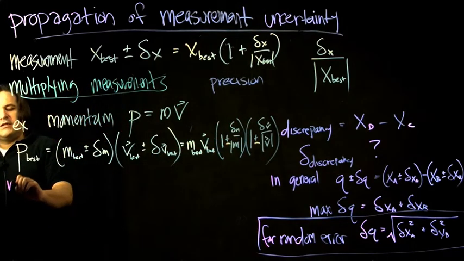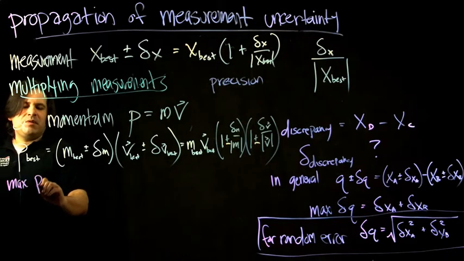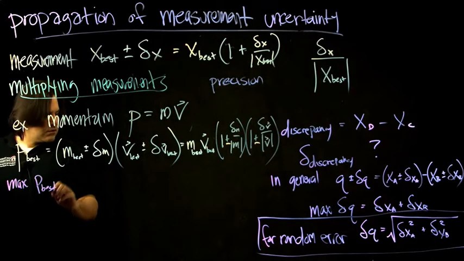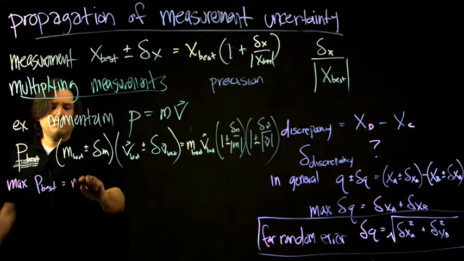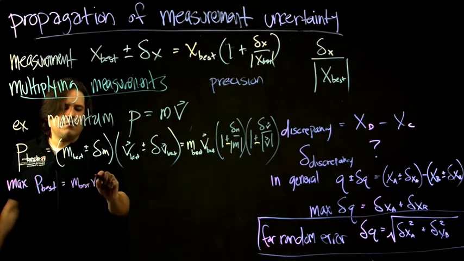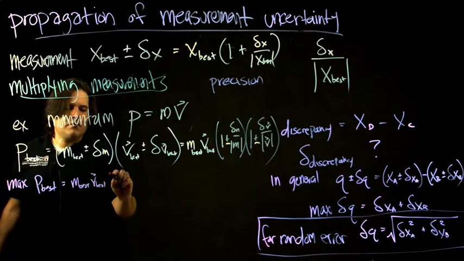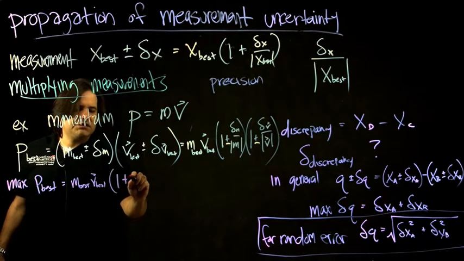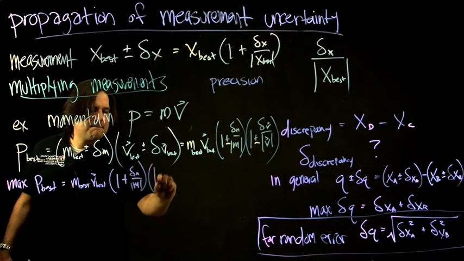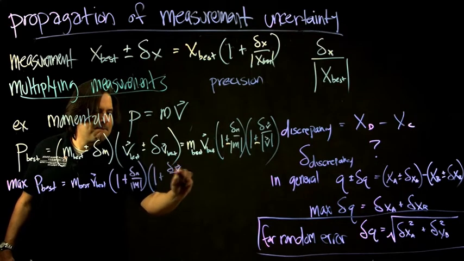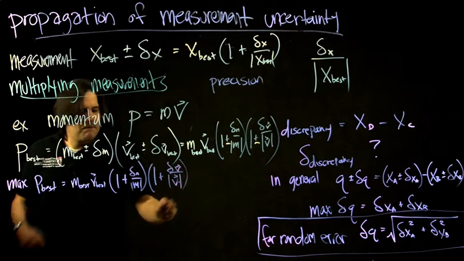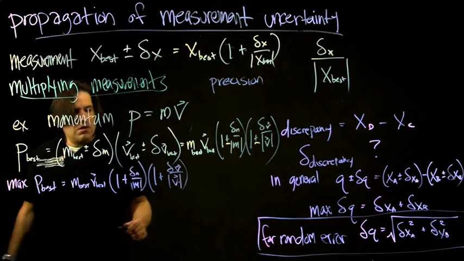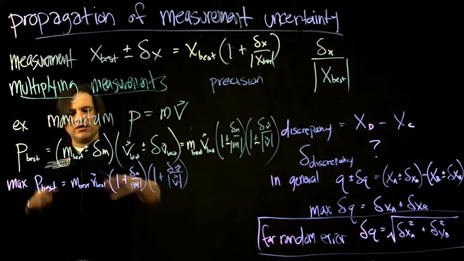So the max P best is plus, and if those uncertainties are added to that, you'll get a bigger number.